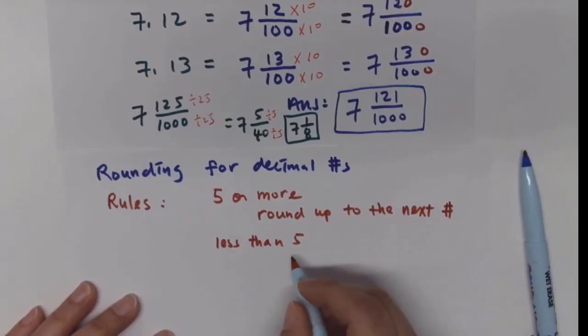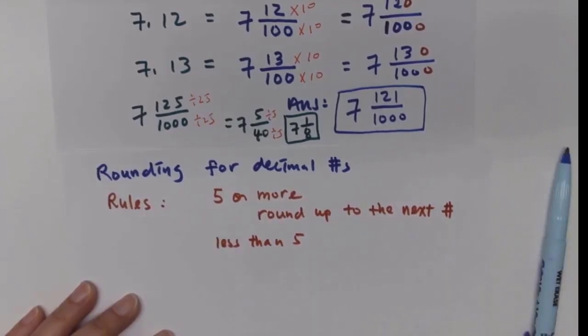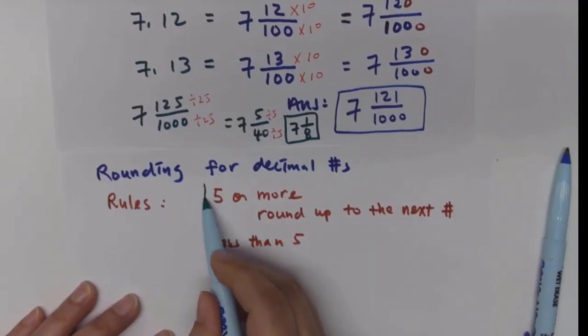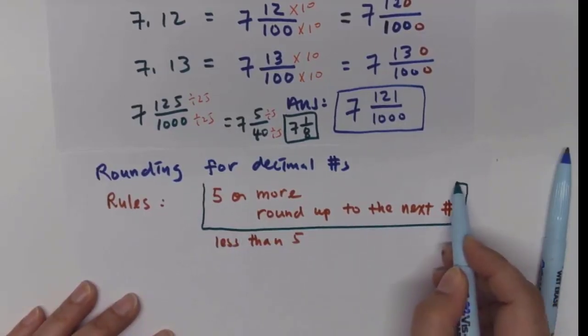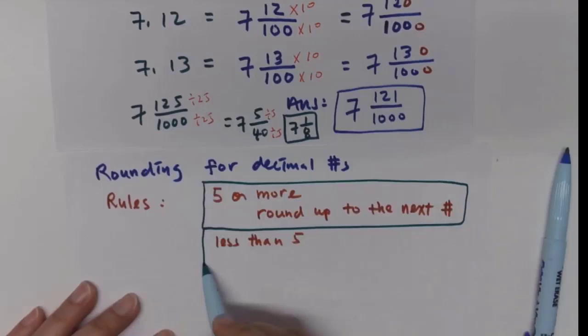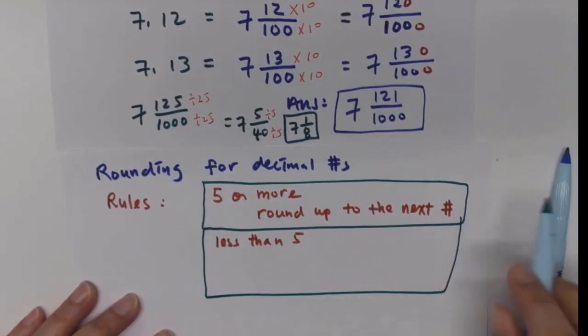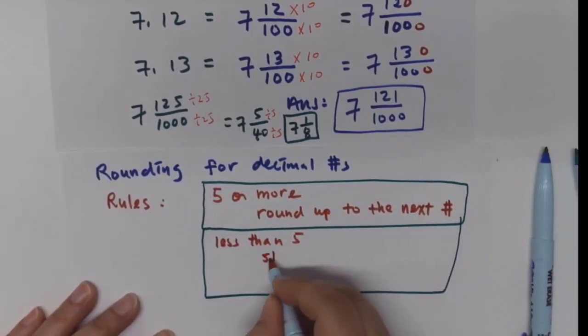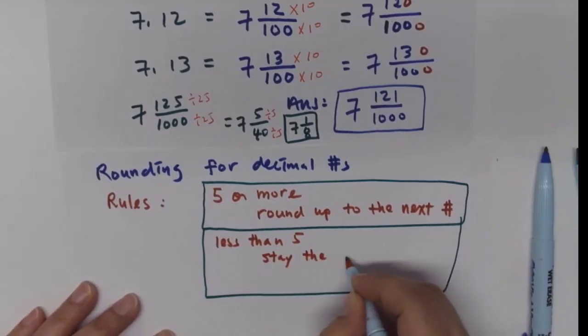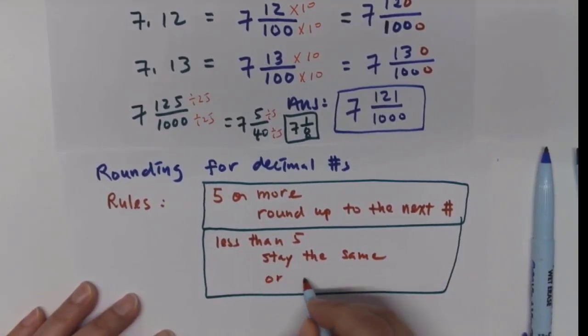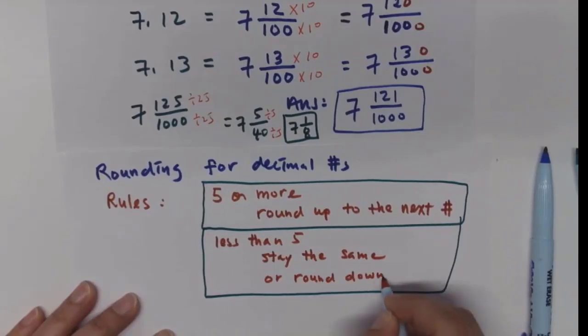Yeah, like the older generation, they stay the same. But some of the new textbooks they round down and they're both correct. It's just like how you interpret that.